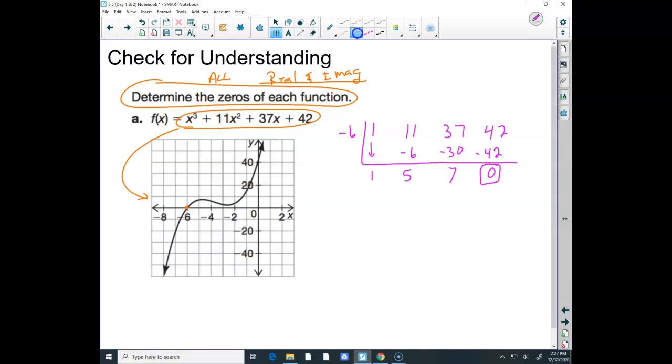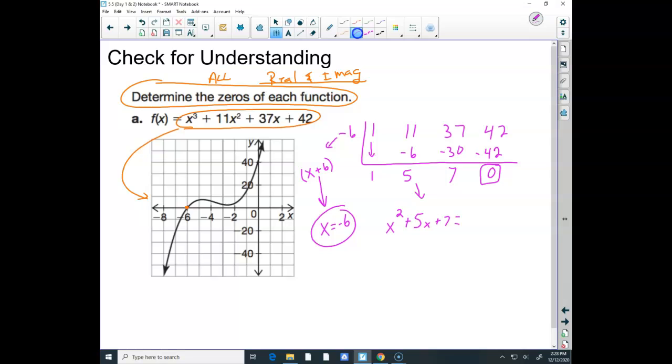So I know x equals negative 6 is a 0, right? Because this means x plus 6 is a factor, which means x equals negative 6 is a 0. And I'm left over with x squared plus 5x plus 7.